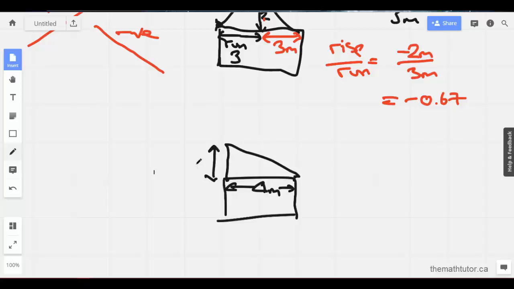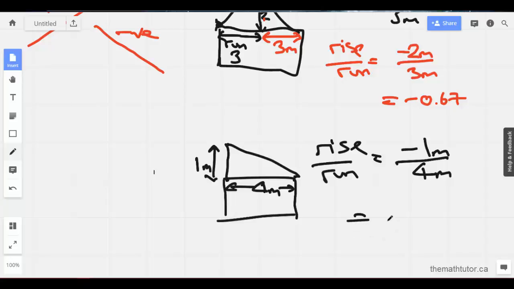And let's say this edge here is 1 meter. So again, we write rise over run. And we can see the run is 4 meters. The rise, like the one above, it doesn't rise, it falls. So that's minus 1 meter.